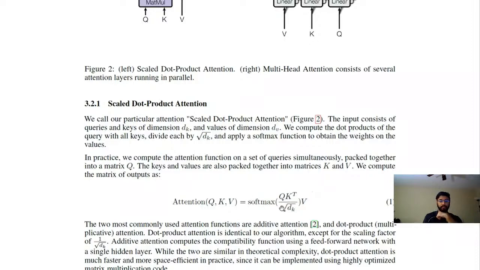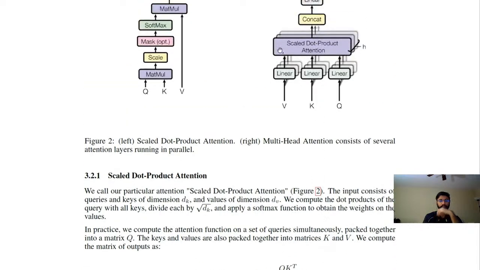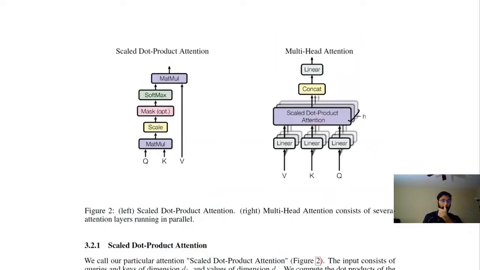Then we do a softmax of that, and lastly, we multiply it with the values. Okay, that's the scaled dot product attention. Then we concatenate all of those different parts that we split, so that we obtain the same size as the input, the embedding size. And that is then sent through a linear layer, and that's the output from the multi-headed attention.